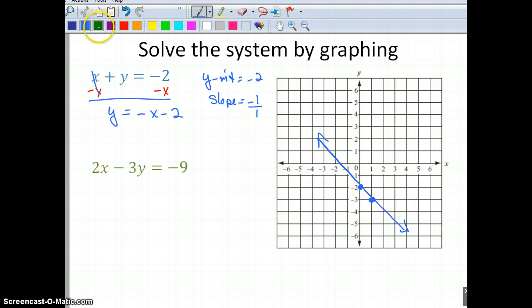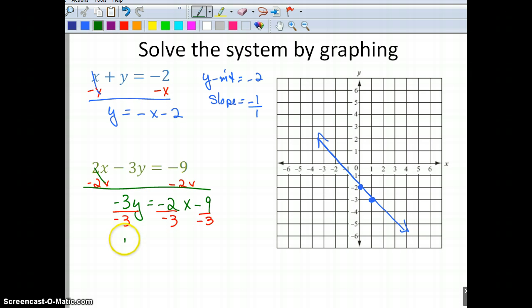Okay, now let's try the green one. Again, I need to put it in slope-intercept form. So this time I'm going to subtract 2x from both sides. Now 9 and -2x aren't like terms, so I'm going to have -3y is equal to -2x minus 9. I need to get y by itself, so I'm going to divide each and every term by -3.